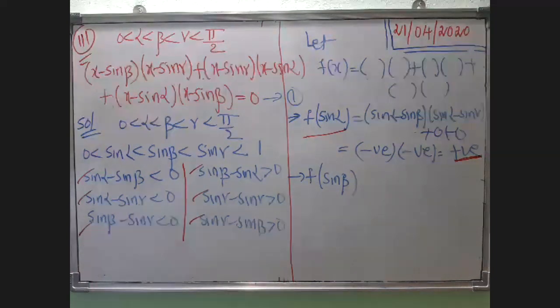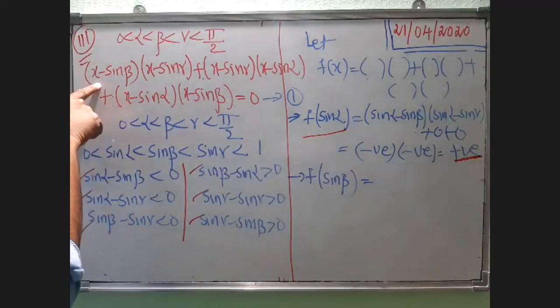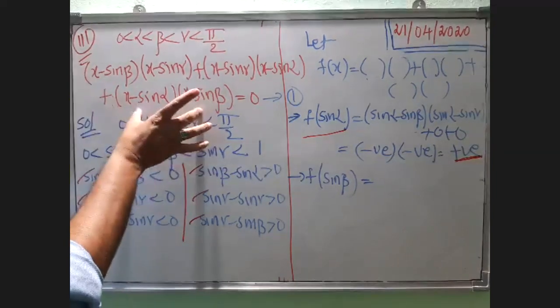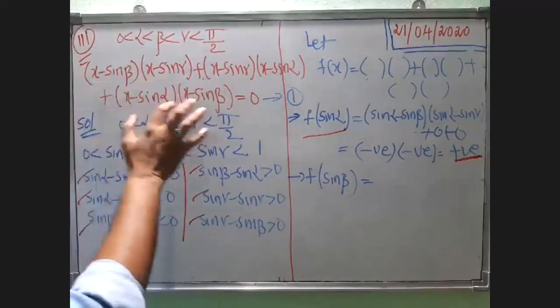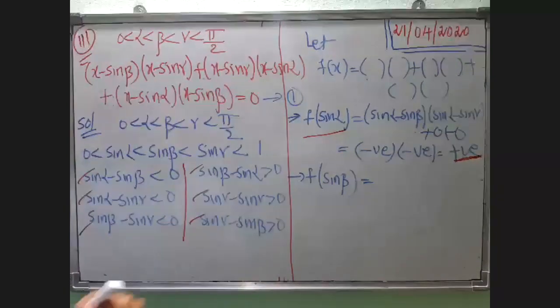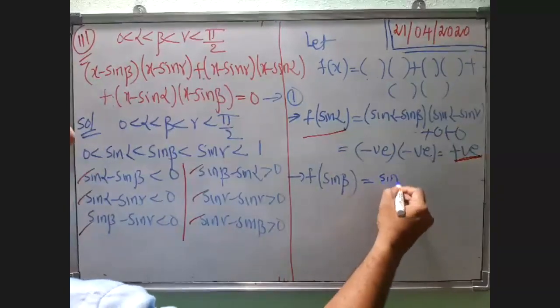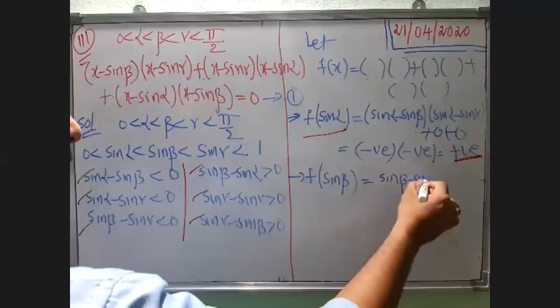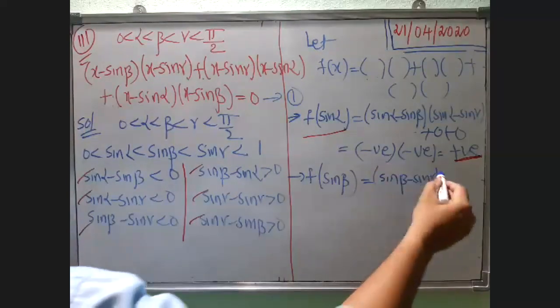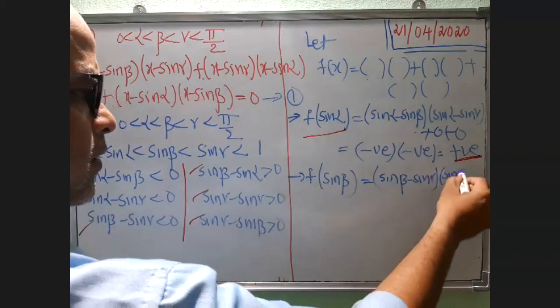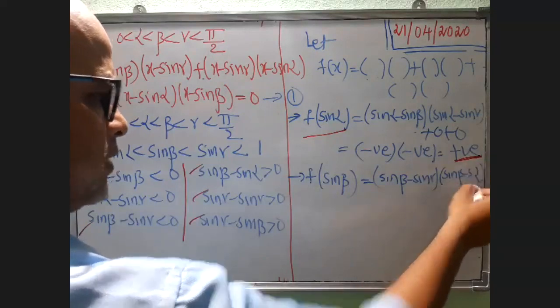F of sin beta: if I substitute it here, the first term gets cancelled, and the last term also gets cancelled. You get 0. Here only I have to get sin beta minus sin gamma into sin beta minus sin alpha.